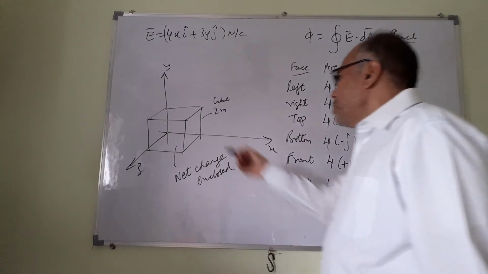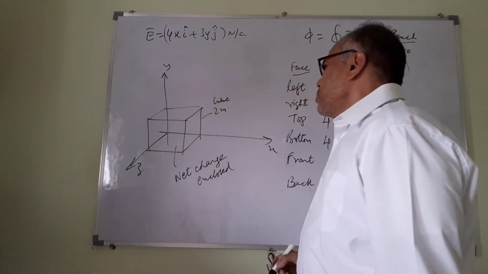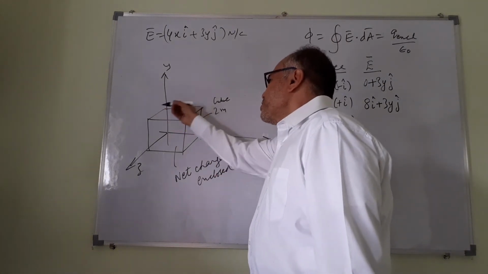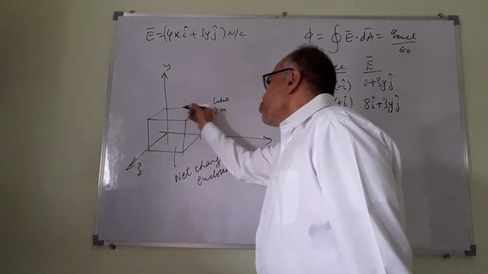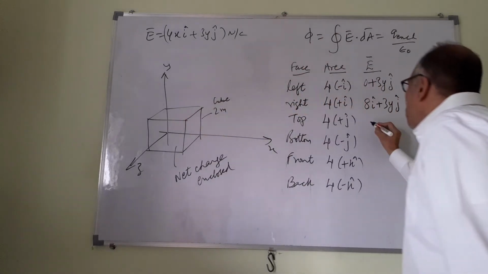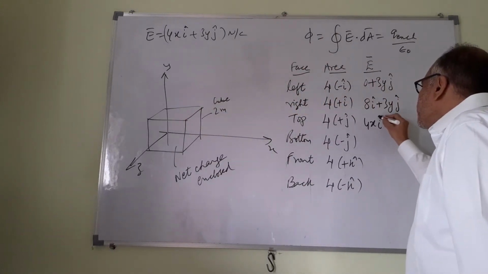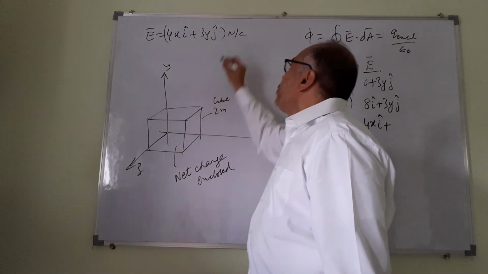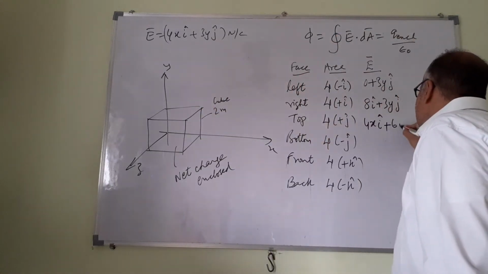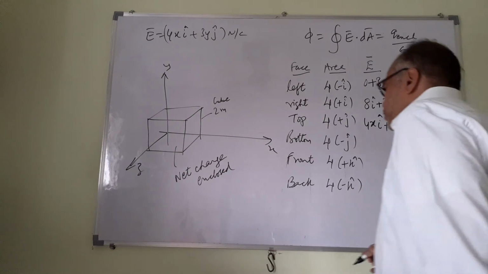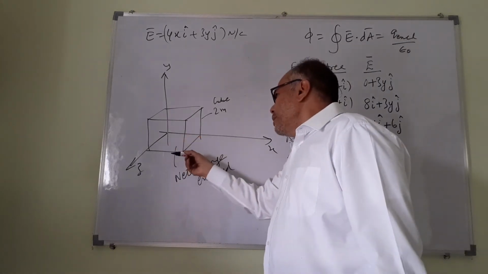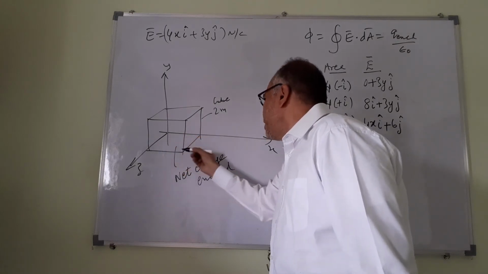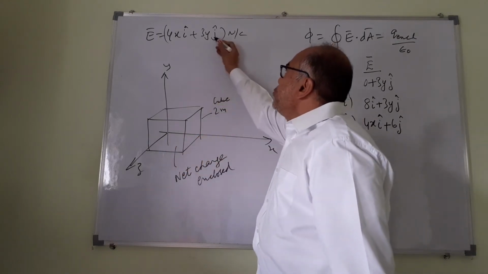The top face, the y coordinate is fixed, it is 2, and the x coordinate keeps changing. So we will keep it as 4xi, and y is 2 for the top face, so it will be plus 6j. For the bottom, again, y is 0 because it's on the xz plane, so 3y would be 0.